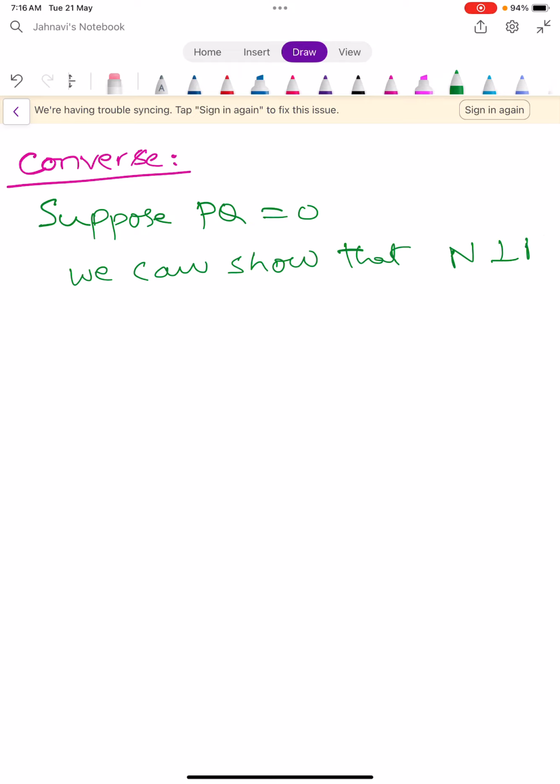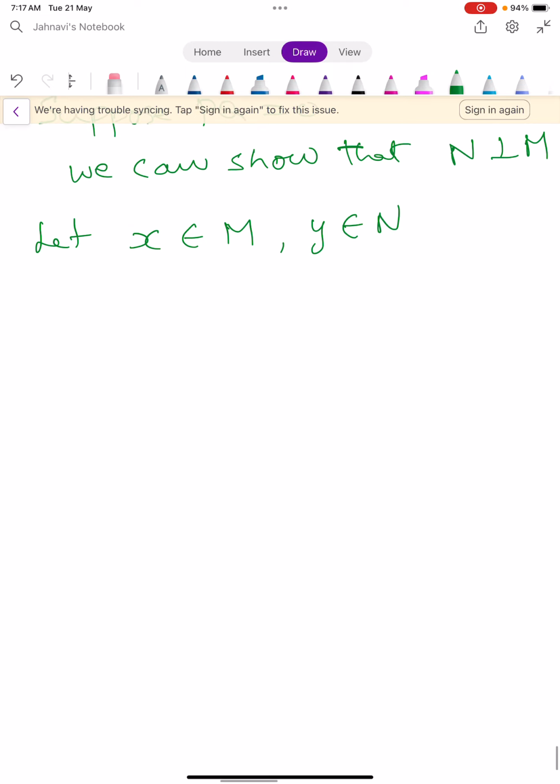To prove this, let us take two vectors, X belongs to capital M and Y belongs to capital N. Now consider the inner product. Before defining the inner product, let us write two more steps.